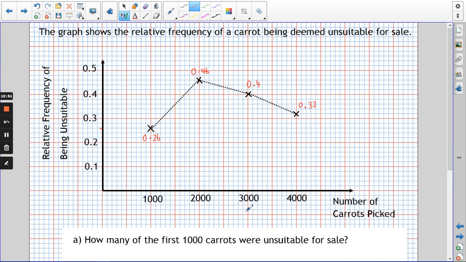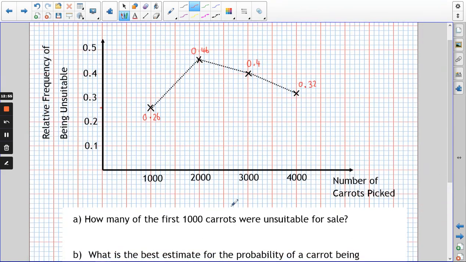How many of the first 1,000 carrots were unsuitable for sale? Because the question is about the first 1,000 carrots, we look at the bit of the graph that relates to 1,000, which is here. So when he only tested 1,000, at that point in time, 0.26, 26% of them were unsuitable for sale.